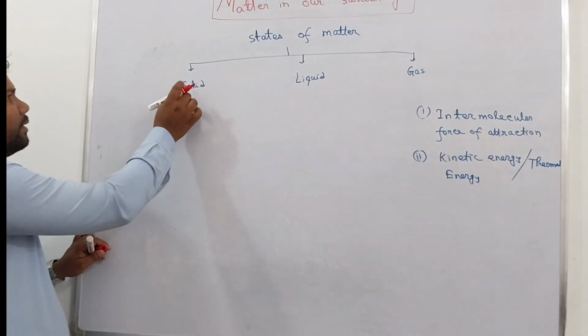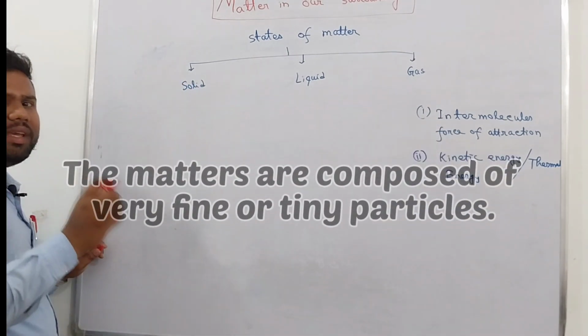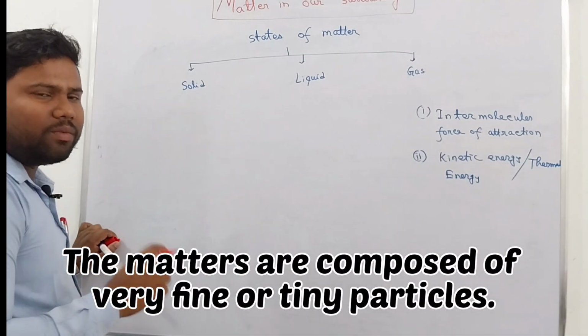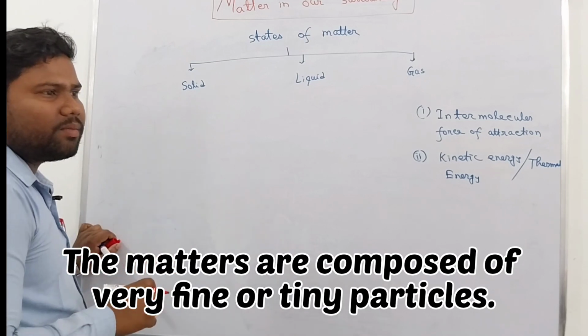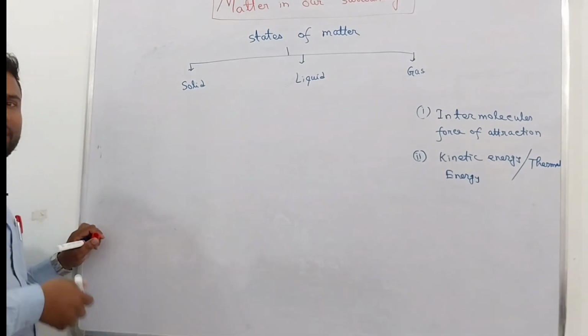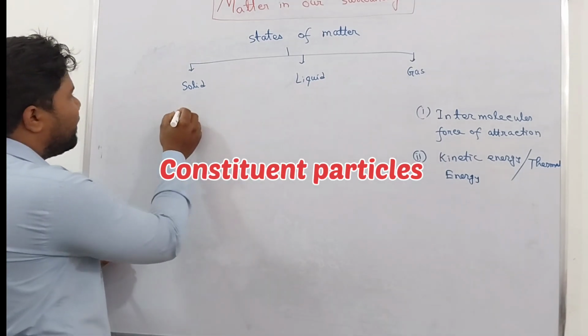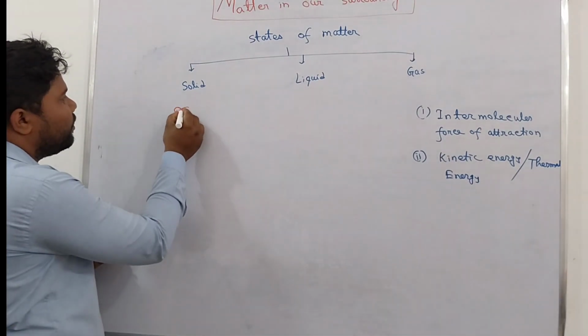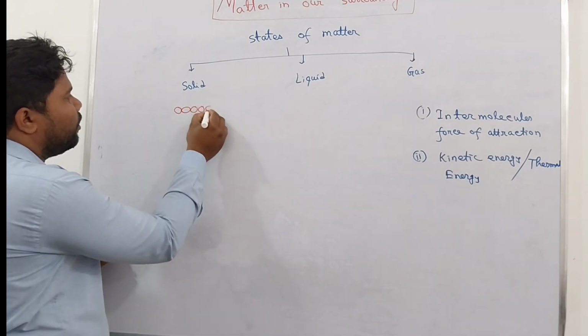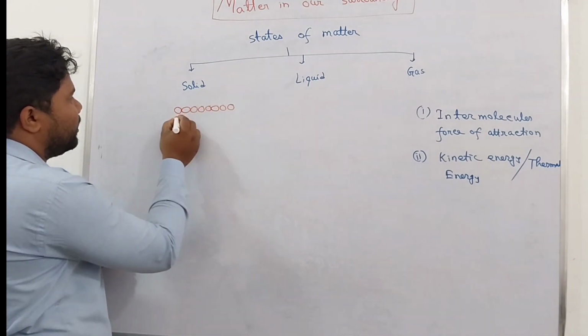As you know, matter is composed of very fine or very tiny particles. These particles are called constituent particles. That means solid matter can be constituted of an nth number of very small particles.